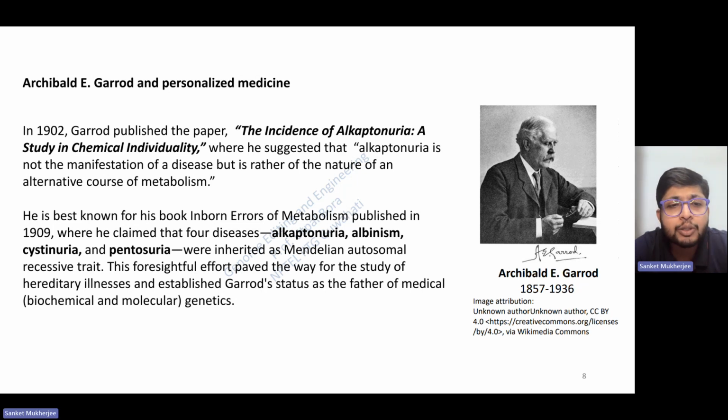He is best known for his book, Inborn Errors of Metabolism, published in 1909, where he claimed that four diseases, alkaptonuria, albinism, cystinuria, and pentosuria, were inherited as Mendelian autosomal recessive traits. This foresightful effort paved the way for the study of hereditary illnesses and established Garrod's status as the father of medical genetics, that is biochemical and molecular genetics.